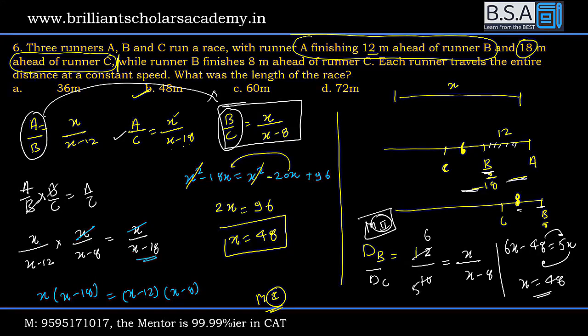C covers how many meters? 10 meters. So from there we got the speed ratio of B and C. And from there I can find the length of the race. Method 2.